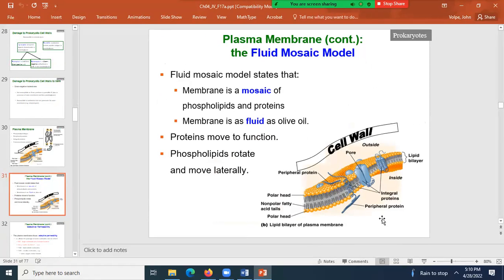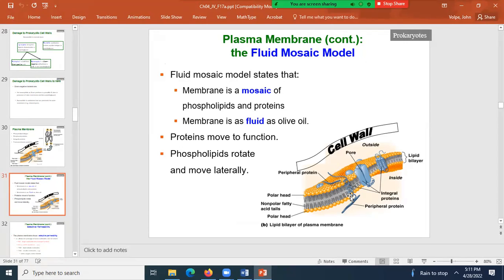All right, this is something that always amazes me, and that is the cell membrane is actually a fluid. And we have the fluid mosaic model to discuss how the membrane works. The membrane is a mosaic of phospholipids and proteins, and these phospholipids and most of the proteins can move around in the membrane because it is as fluid as olive oil.